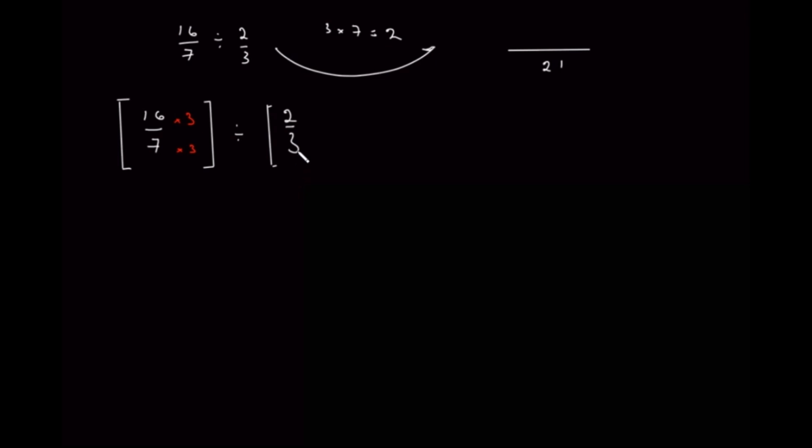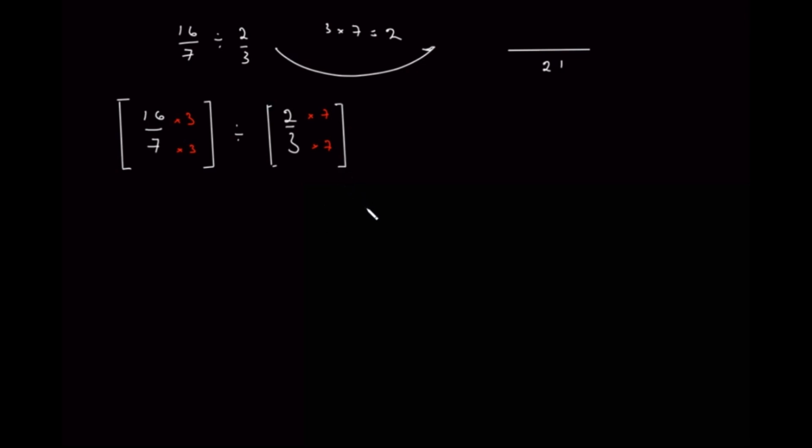Now again, I want the bottom number, the size indicator, to be 21. Now if I multiply that by 7, so what I've done is I've multiplied these two together to give me the 21. Right? Multiply the bottom by 7, multiply the top by 7, which is the equivalent of multiplying the whole thing by 1.